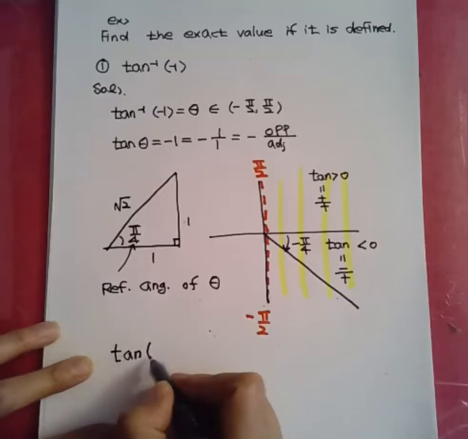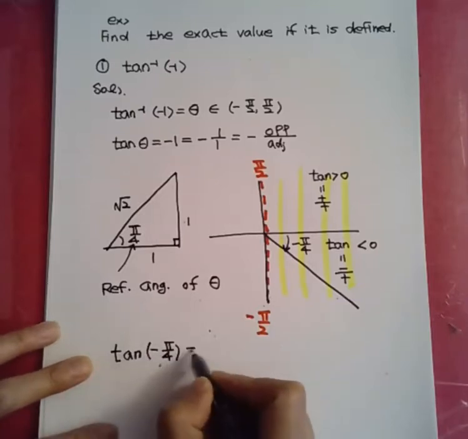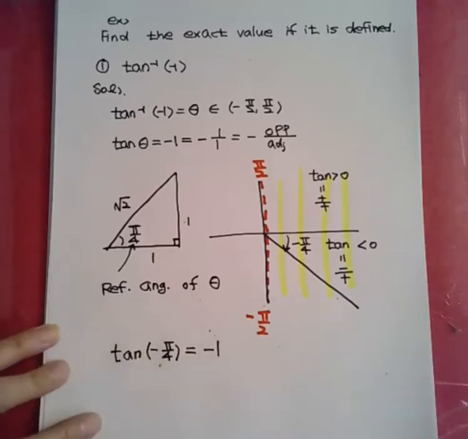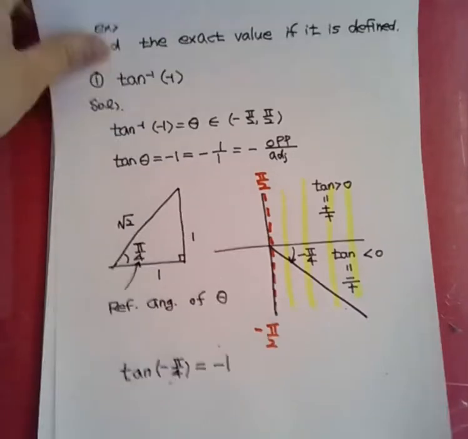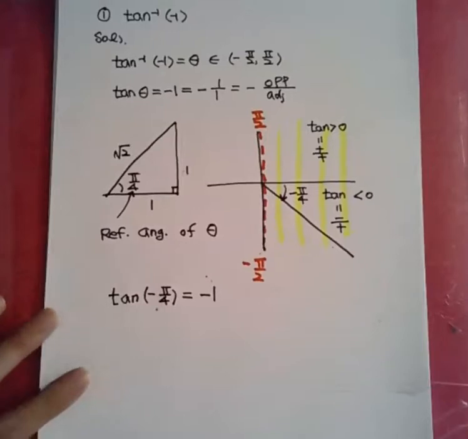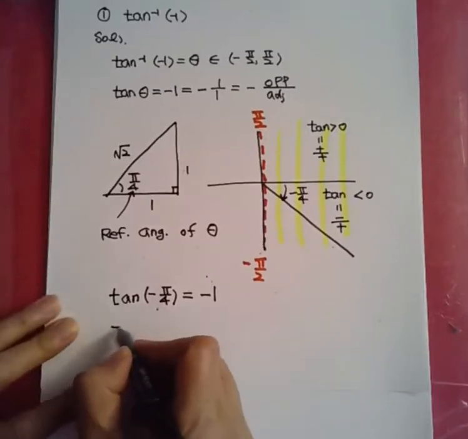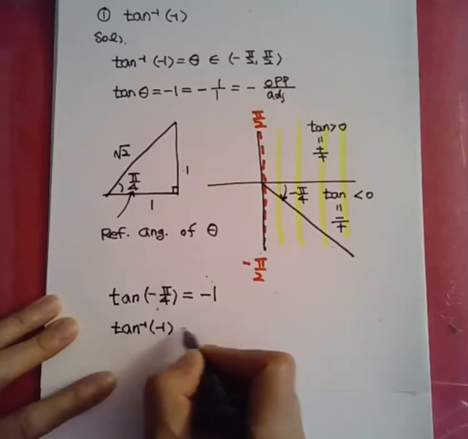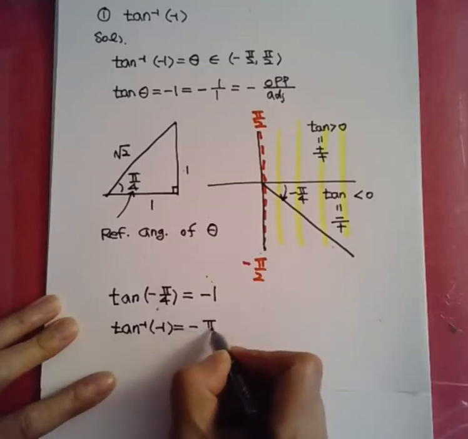Tangent of minus pi over 4 equals minus 1. So we can say that tangent inverse of minus 1 equals minus pi over 4.